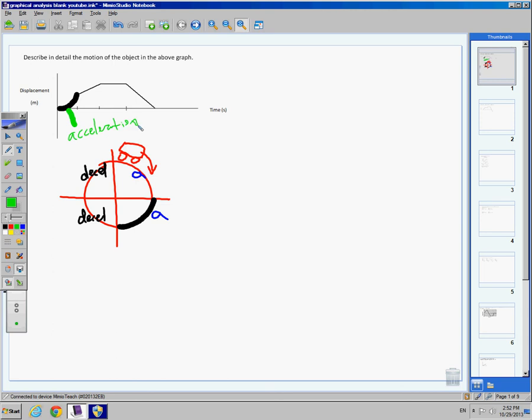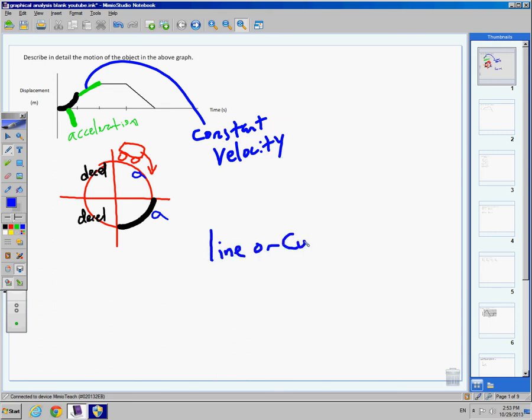All right, the next part of the graph looks like this, and it is going to be a constant velocity. The line or curve on a displacement versus time graph represents velocity.